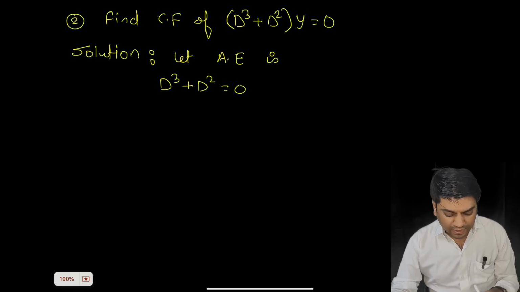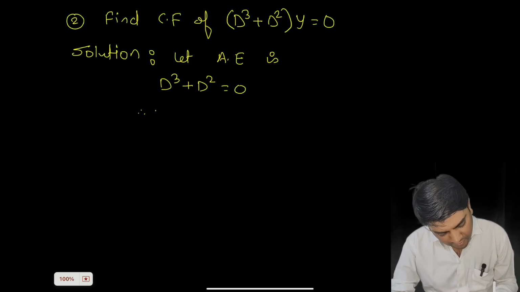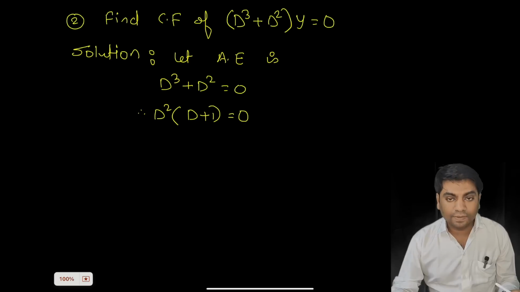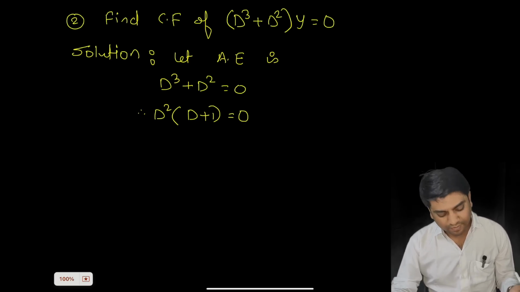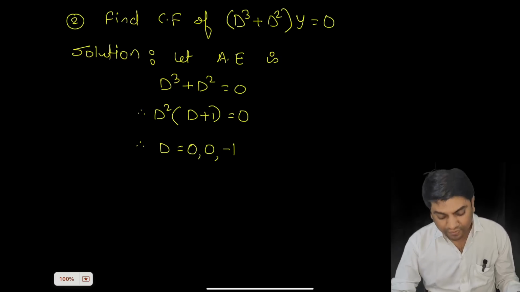Now how do we solve this? Now I can take d square common, so therefore we have d square in bracket d plus 1 which is equal to 0. Now it means d square into d plus 1 equal to 0. It means d square will be 0 or d plus 1 will be 0. So therefore d is equal to 0, 0, minus 1.